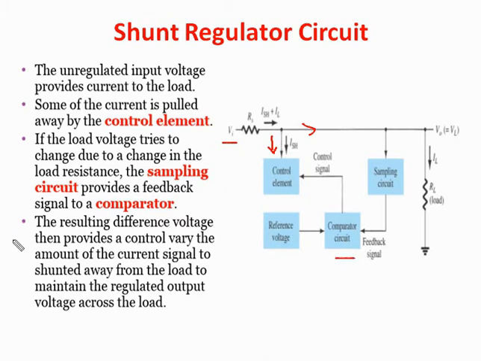The resulting difference voltage then provides a control to vary the amount of the current signal to be shunted away. That means this comparator error signal decides the value of shunt current ISH, how much we have to divert, which is decided by these control signals. So the excess current is diverted from this path, and here we get constant voltage, constant current.